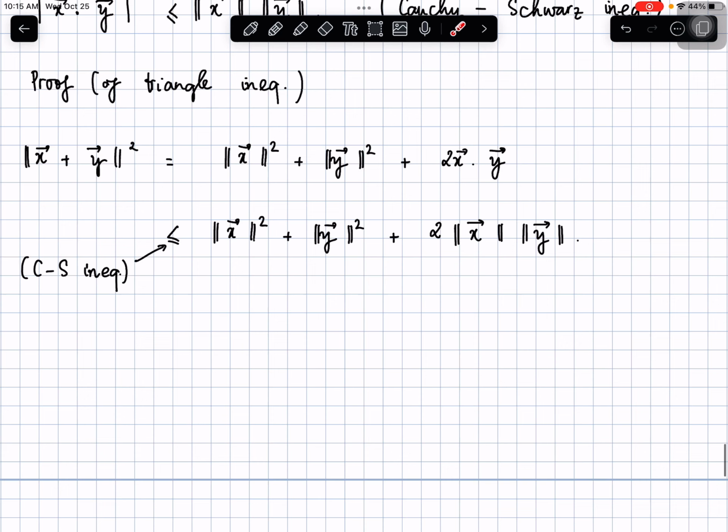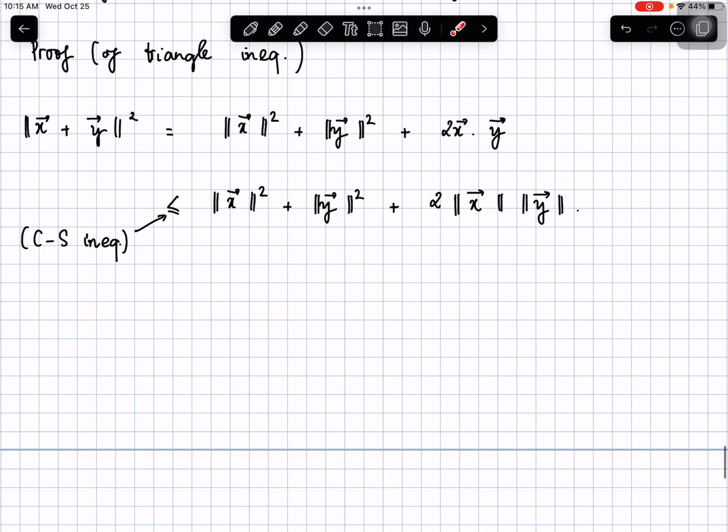And what do we have now? This means that the length of x plus, so this thing we think of it as a number, right? Because now they are all scalars. A squared plus b squared plus 2 times a times b, right?